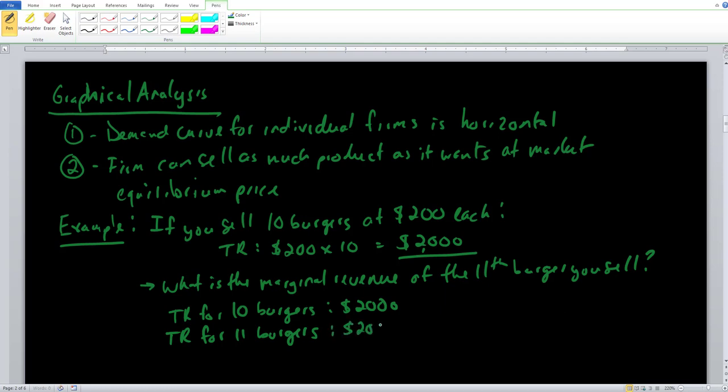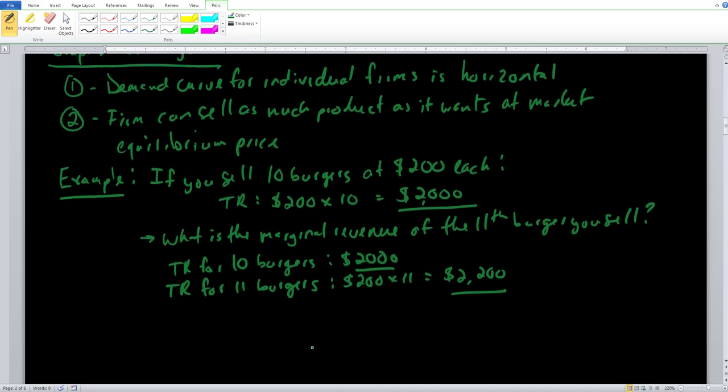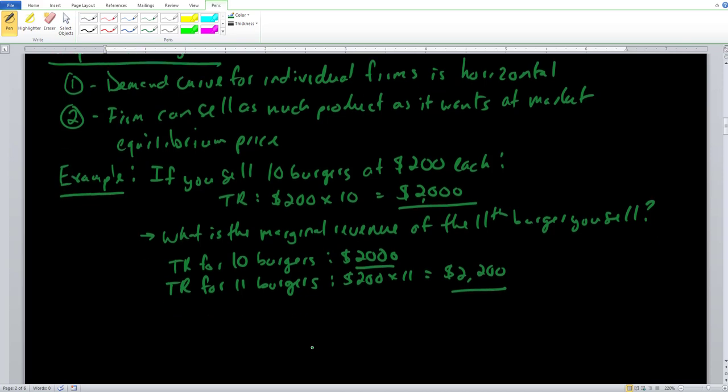So 200 times 11 gives us $2,200. Remember, the firm is selling as much product as it wants at that same constant equilibrium price. Now that we have enough information, we can find the marginal revenue for going from 10 burgers to 11 burgers.